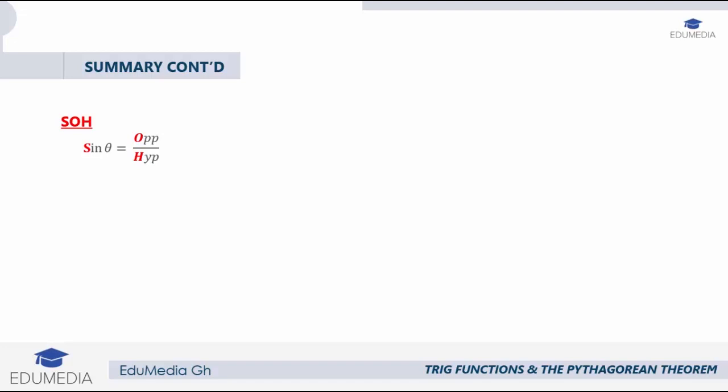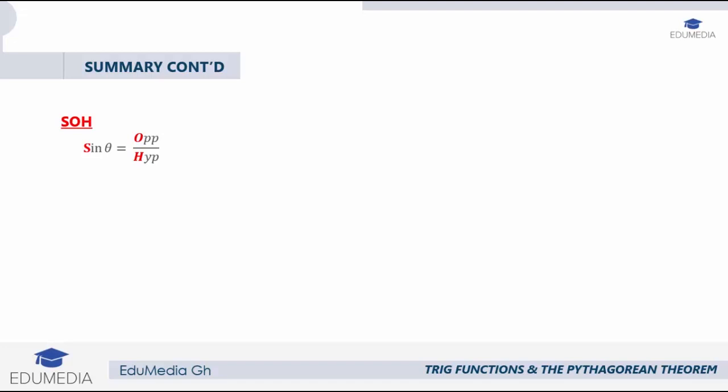When you are able to get this, you'll be able to derive other functions from this particular function. So when you know that sine theta is opposite divided by hypotenuse, then you should be able to do change of subject to get any of the sides when you are given the angle.